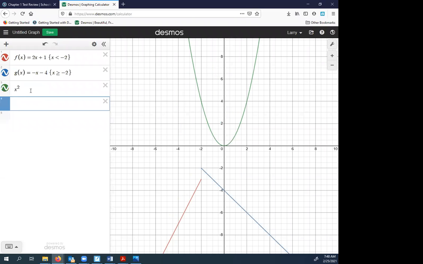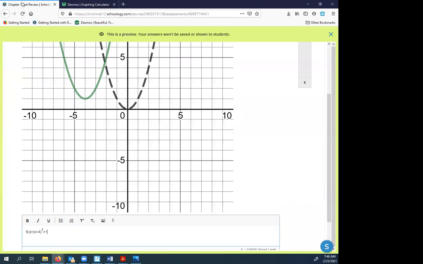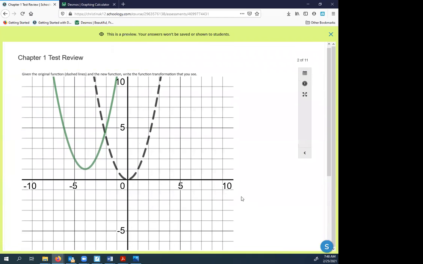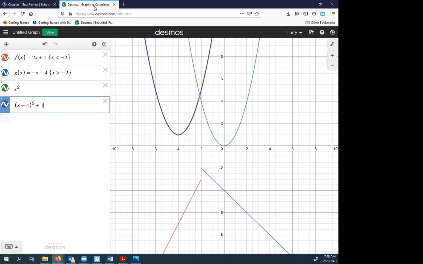Cut, paste. So if I look at these graphs, hey, that looks like this scenario here. The colors and the solid versus dashed are a little different, but it works out the same. So that was a good way to check our work.